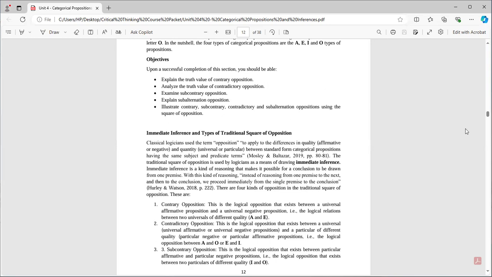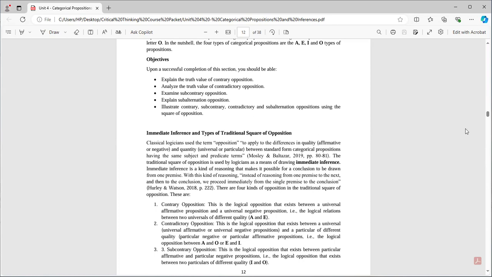If the universal is negative, the particular is affirmative. So you have a logical interaction between a universal affirmative versus particular negation, or a universal negation versus particular affirmative. When you have this, you get a contradictory opposition.